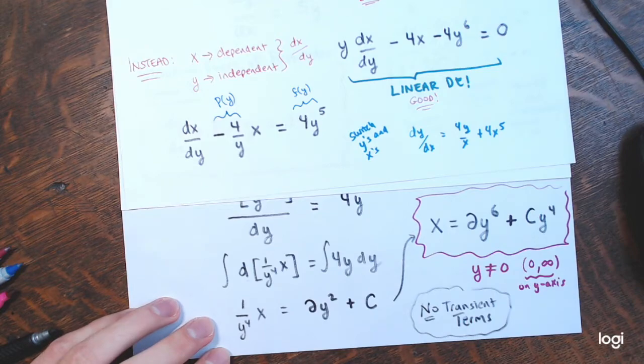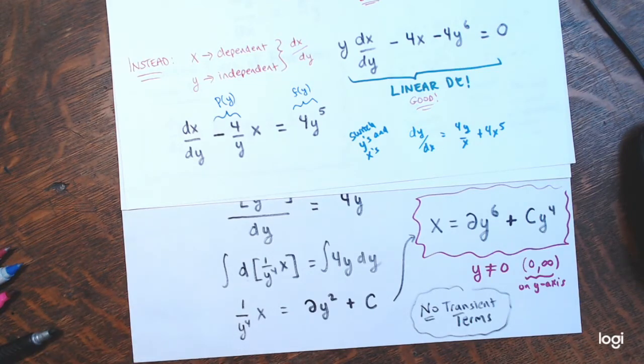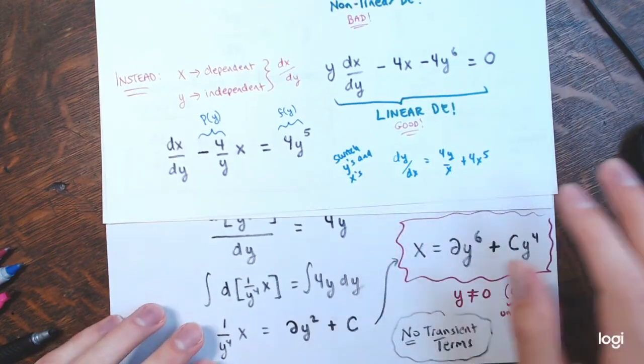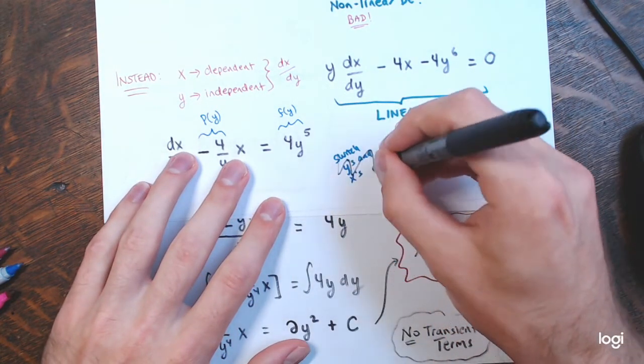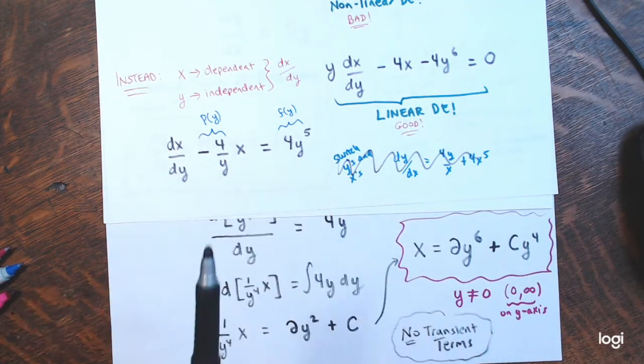Now I guess another way you could also enter the slope field would be, instead of switching the x's and y's, you could leave it this way and then just solve for dx dy.